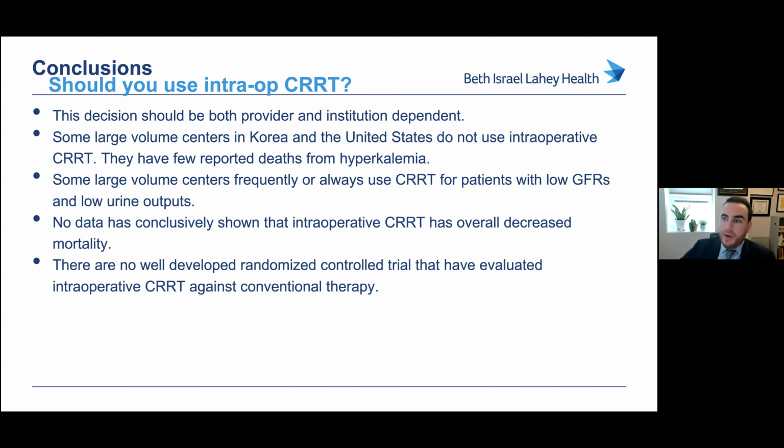We try to put as much of the circuit under the upper body warming blanket as we can to try to keep it somewhat warm as it goes through the machine, and as the dialysate and the replacement fluids get put into the machine. It always comes back to the patient colder than when it went out. So if the temperature is too low, we try to raise the temperature in the room.